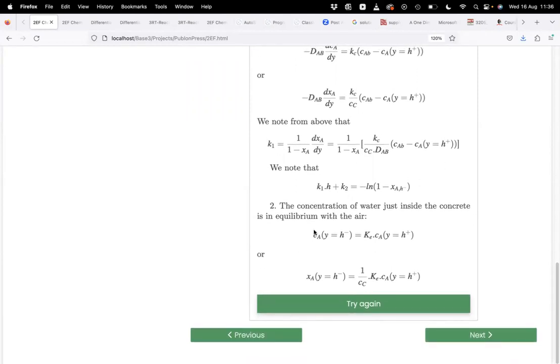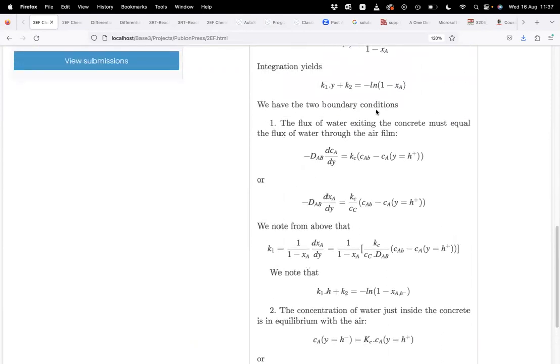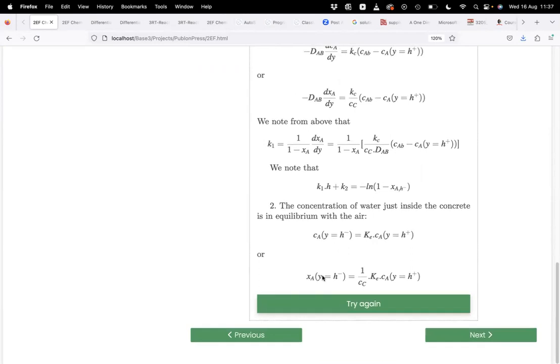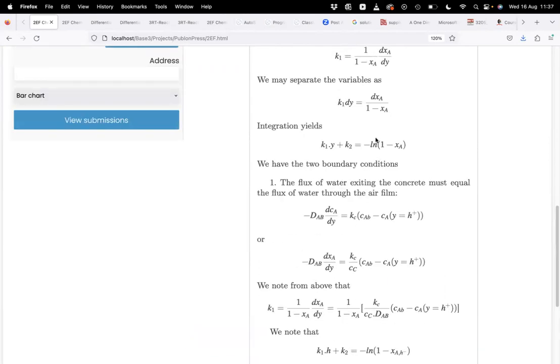And then K2 comes by looking at this expression. We now have an expression for x as a function of y. So we can substitute the value of y in this function for x, which is going to be h here. So y equals h.